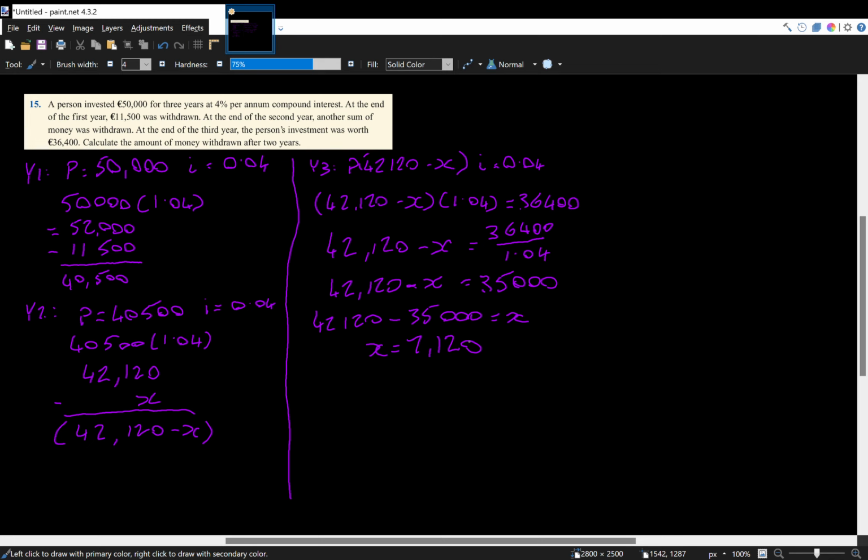Now alternatively, if you don't want to go that way, we look at year 3 again. Instead of doing it the way that was just done to get our value for X, our 7,120, we look at the end of year 3. Our final amount in year 3 is 36,400, and our interest rate is still 0.04 or 4%.